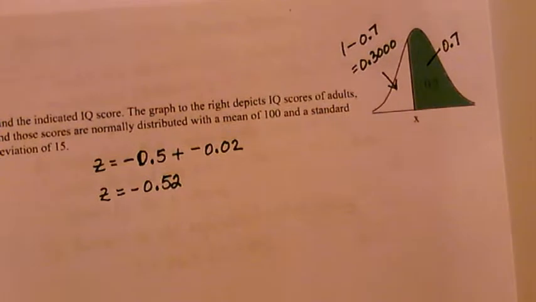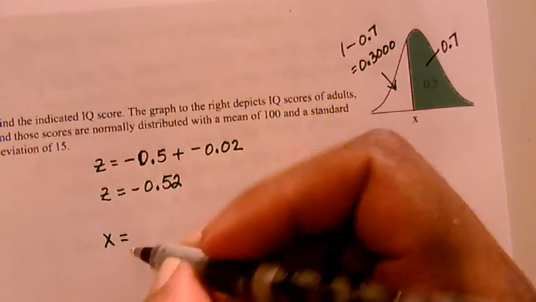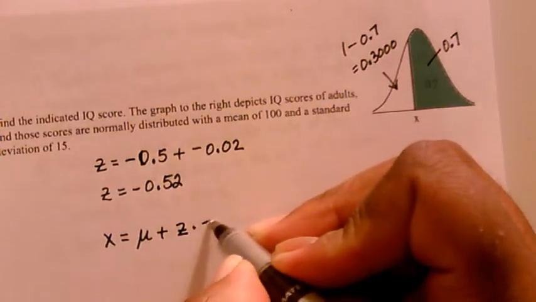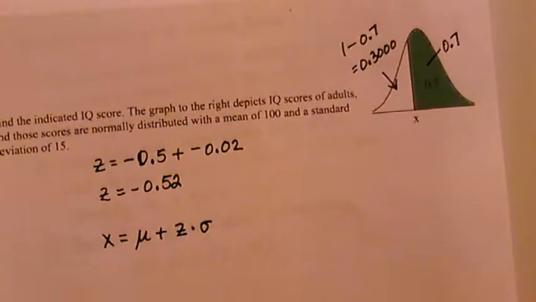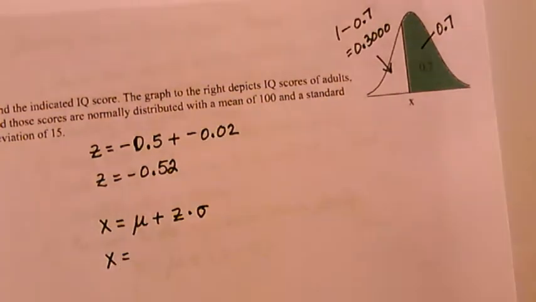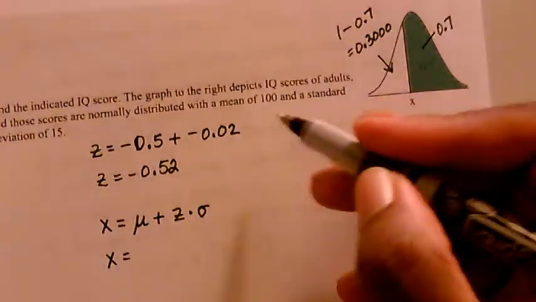Okay? Now we want the x value. So this is where we use this formula. x is equal to mu plus z times sigma. So in this problem, let's go back to what the problem states.